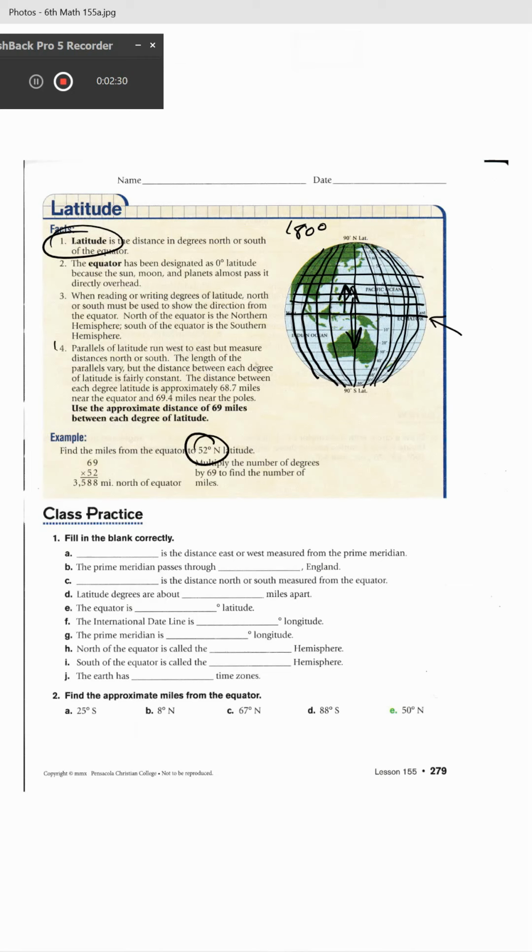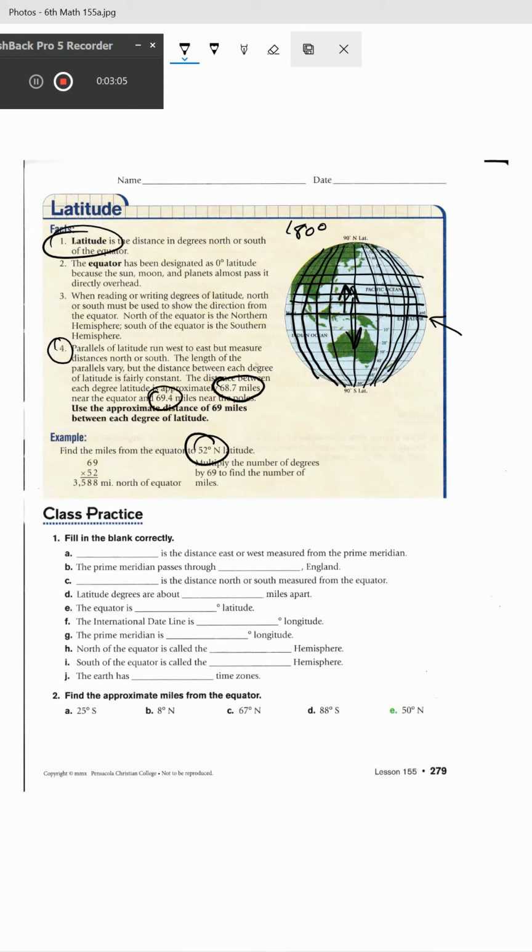Let's read number 4. Parallels of latitude run west to east, but measure distances north or south. The length of parallels vary, but the distance between each degree of latitude is fairly consistent. The distance between each degree latitude is approximately 68.7 miles near the equator and 69.4 miles near the pole.